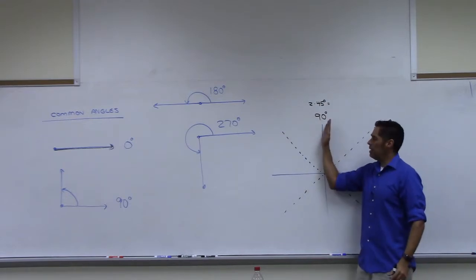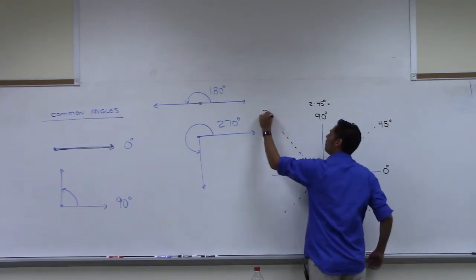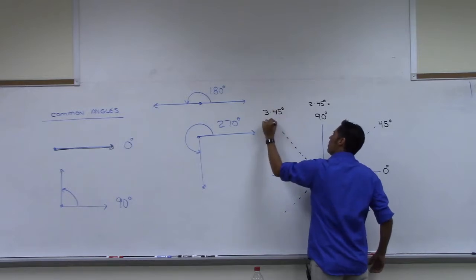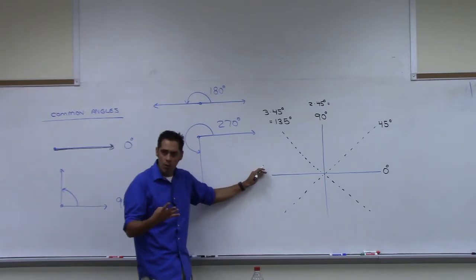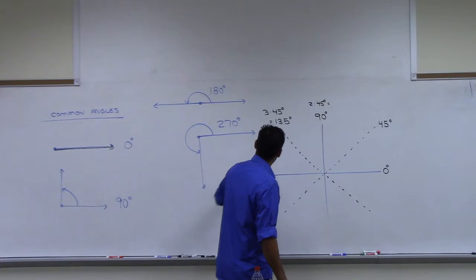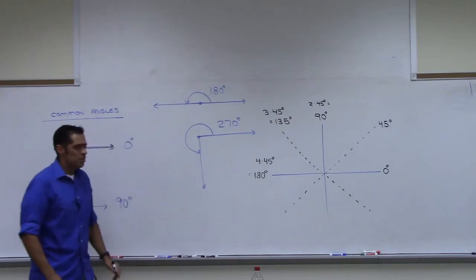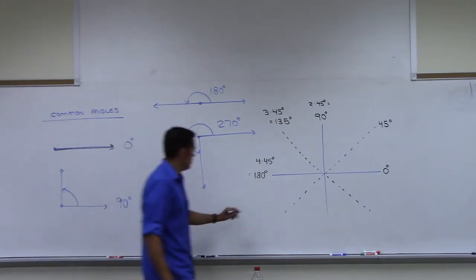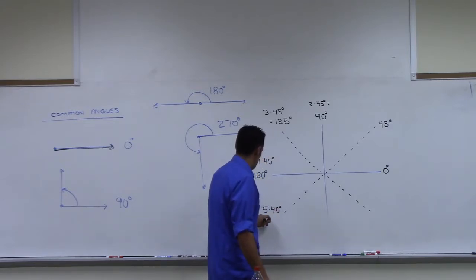Then this one should be 135, but I want you to understand that's 3 45s, right? 3 times 45 would be your 135. And then this one, of course, was 180, but that's 4 45s. Trust me, this will help later, all right? So that's equal to that. And then the next one should be 5 45s, and that should be, what, 225?